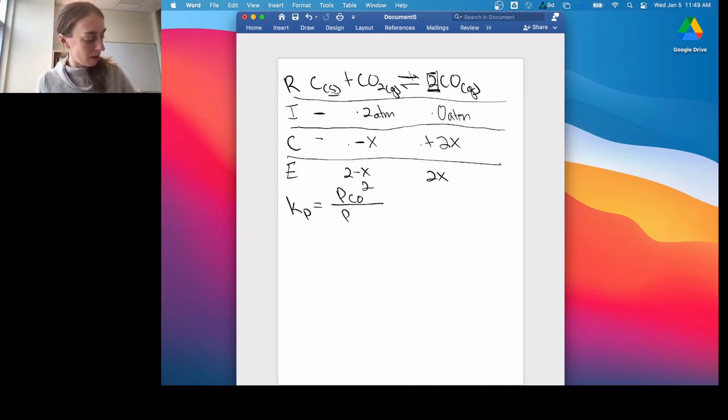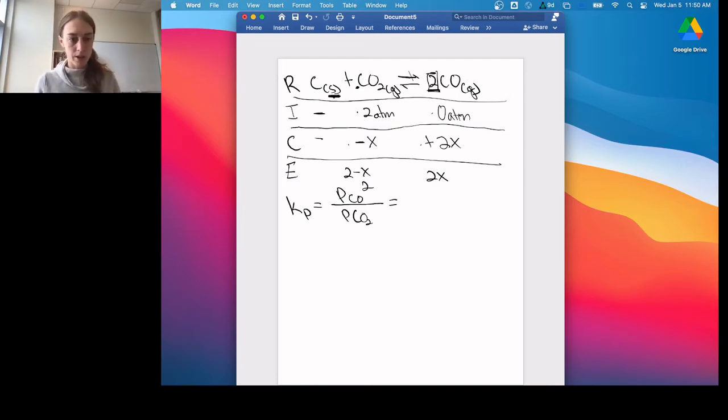On our denominator, we're not worried about our carbon, we're only worried about our carbon dioxide, so it's the partial pressure of carbon dioxide. There's nothing out front here, so it's just the partial pressure of carbon dioxide.